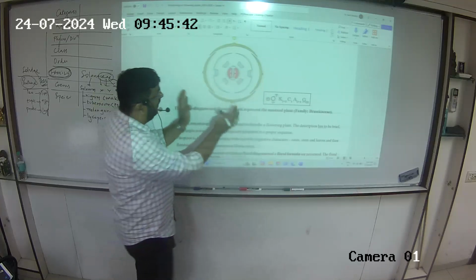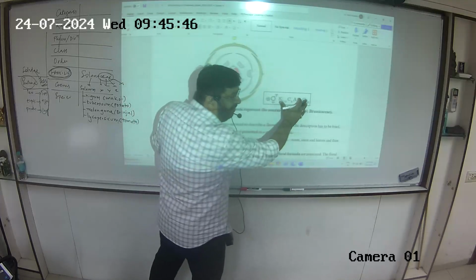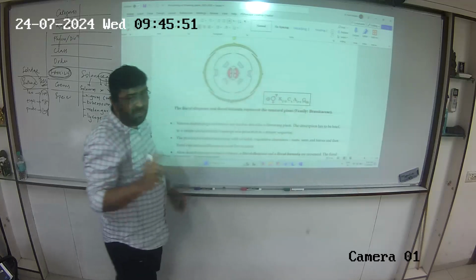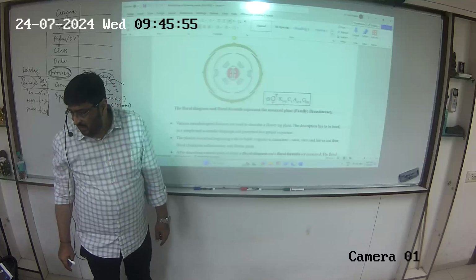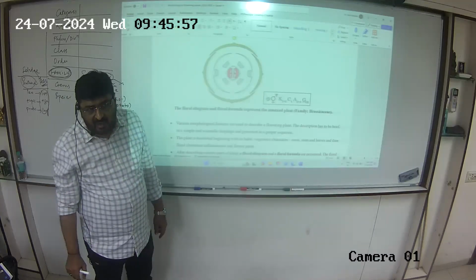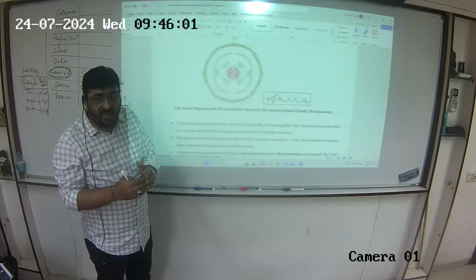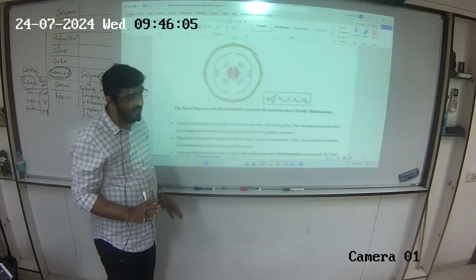Now see, a typical floral diagram is there in front of you. A typical floral formula is there in front of you. ठीक है? Now, you guys know what is estivation. Estivation पता है, right? Arrangement of sepals or petals with respect to the members of the same whorl, right?